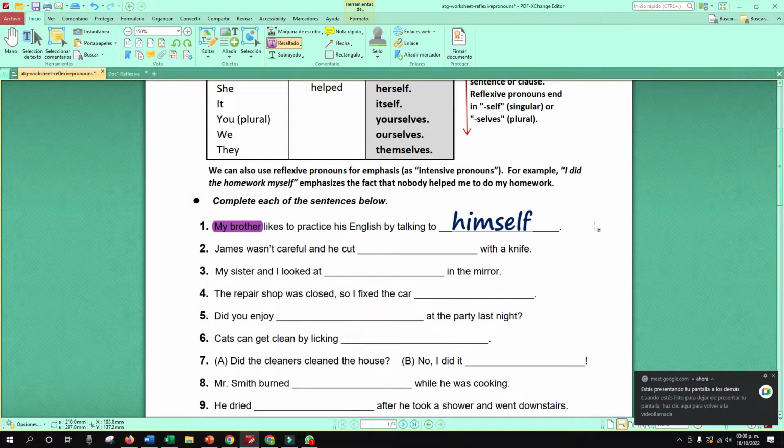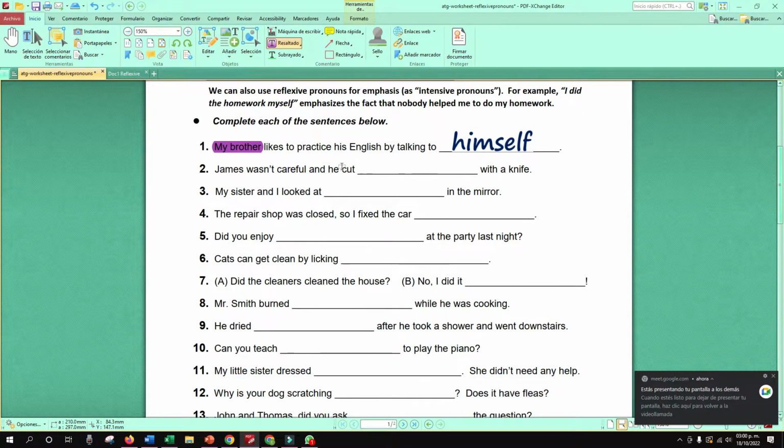The first sentence, it says, my brother likes to practice his English by talking to himself. Vean, ¿quién es nuestro sujeto en la oración? Brother, my brother, él, ¿verdad? Entonces, le gusta practicar su inglés hablando por sí mismo, practica con él mismo, ¿verdad?